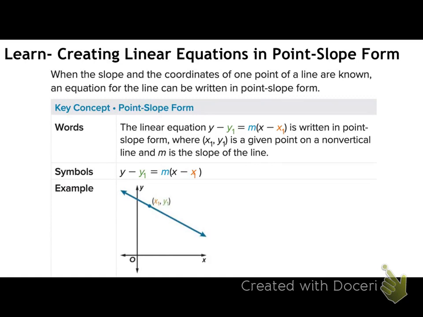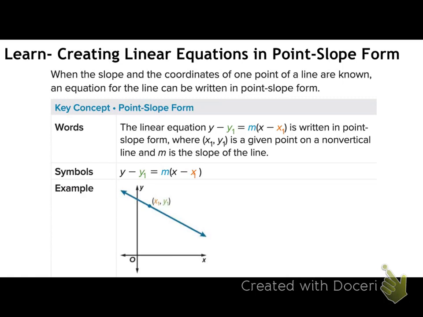You need to write this down. This is point slope form. You need to write this down. The linear equation y minus y1 equals m times the quantity x minus x1 is written in point slope form, where x1, y1 is the given point on a non-vertical line, and just like usual, m is the slope of the line.